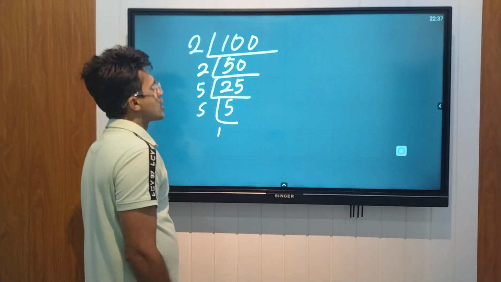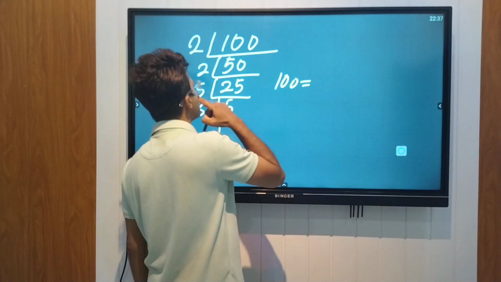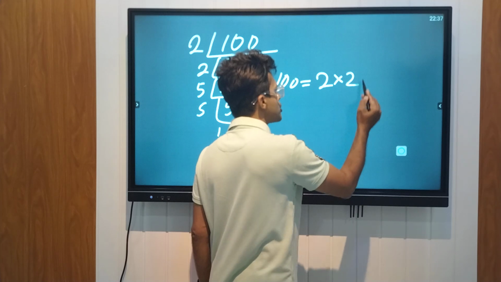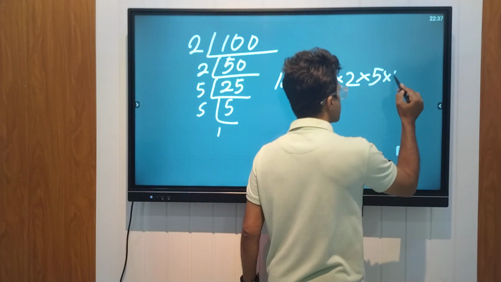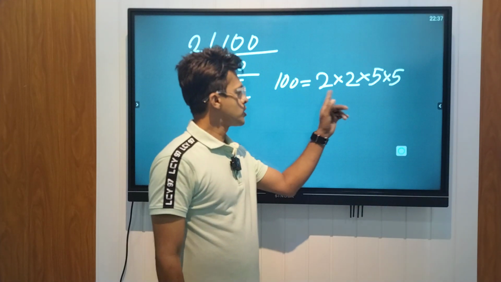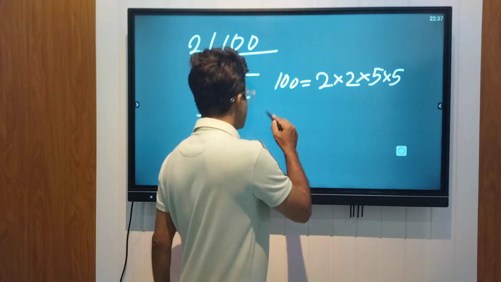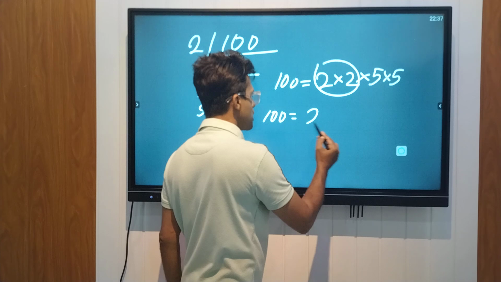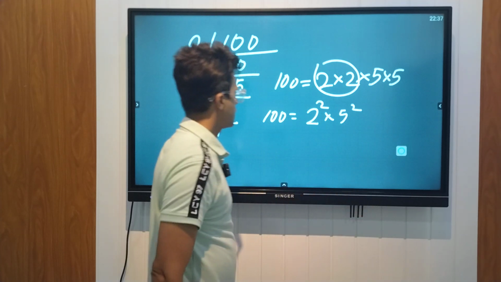So we could write this 100 as 2 into 2 and 5 into 5. So 100 equals 2 into 2, which means 2 squared, and 5 into 5, which means 5 squared.